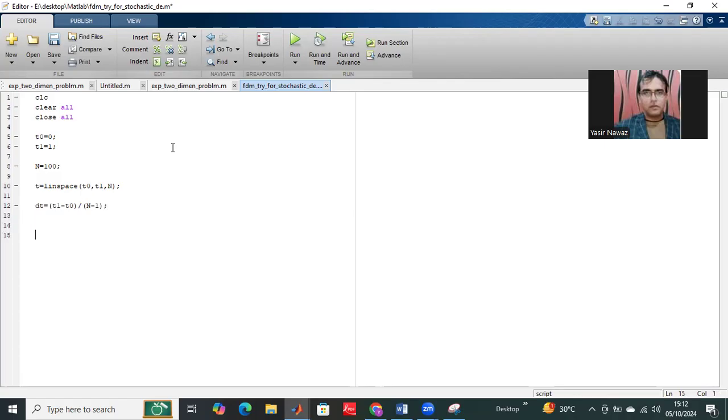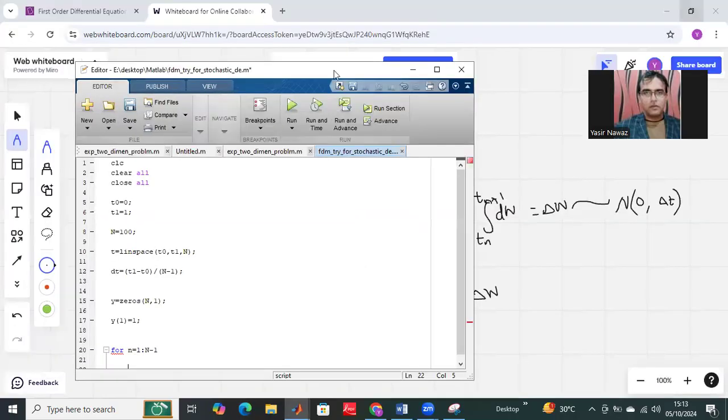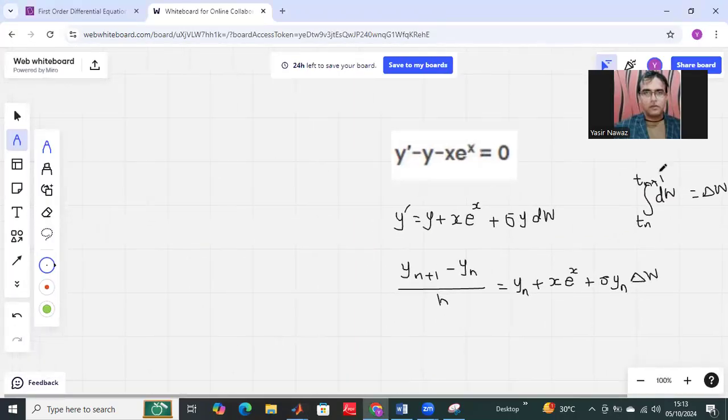Suppose that y is the dependent variable, so y can be one column. The initial condition, suppose that is 1. And now I use a loop for n equal to 1 to the length.